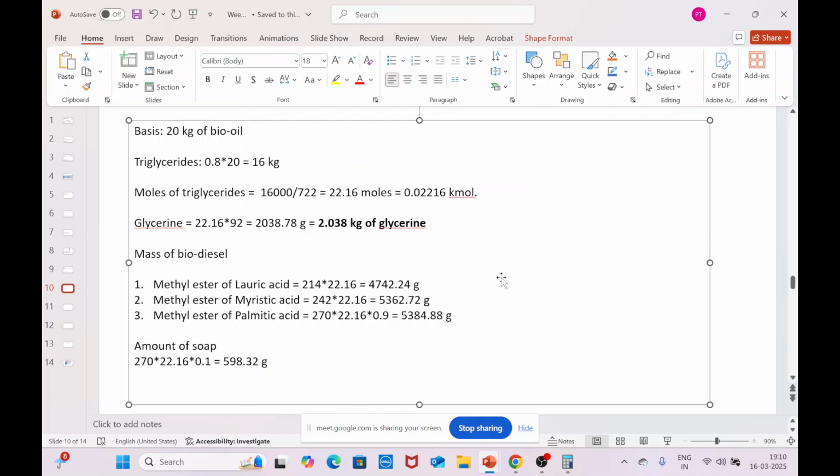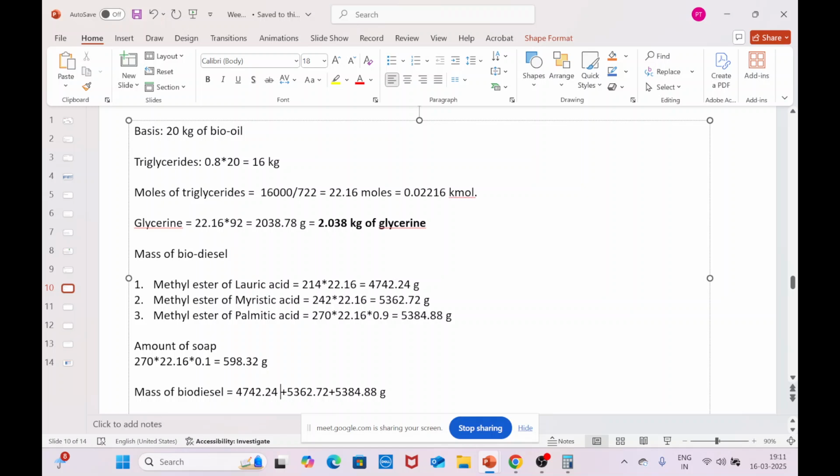So if you add all this, you will get the mass of biodiesel. So the mass of biodiesel will be 4742.24 plus 5362.72 plus 5384.88 grams.